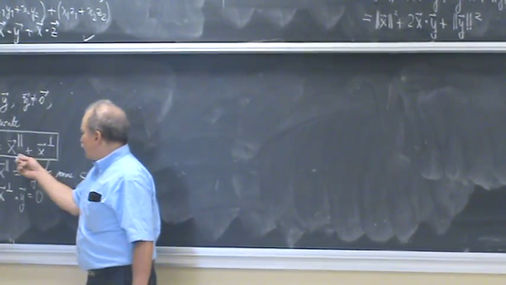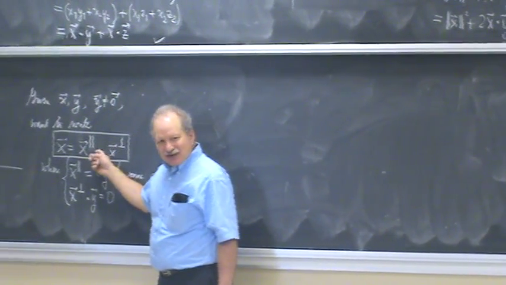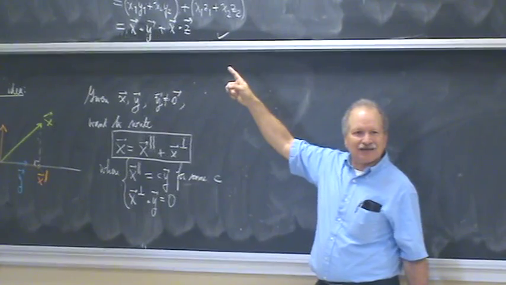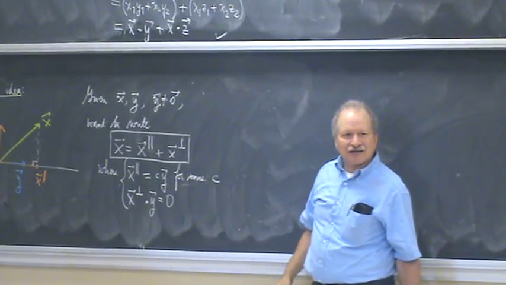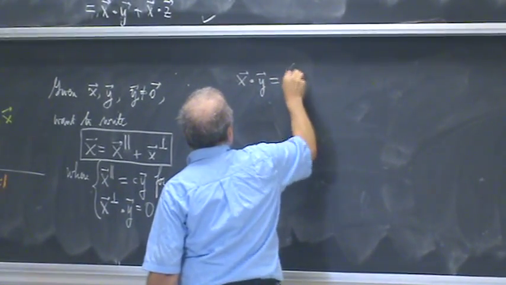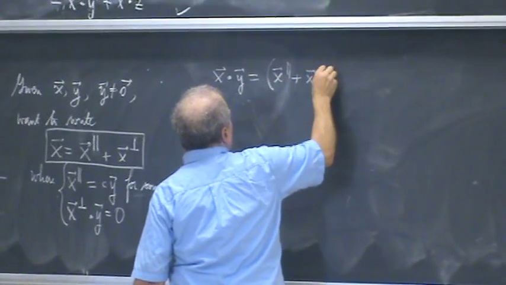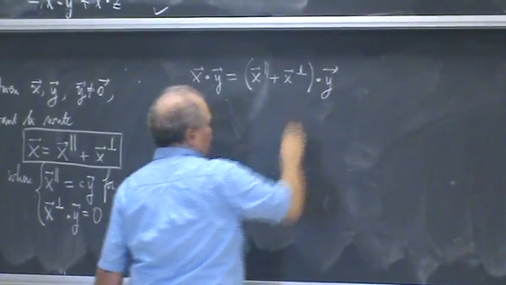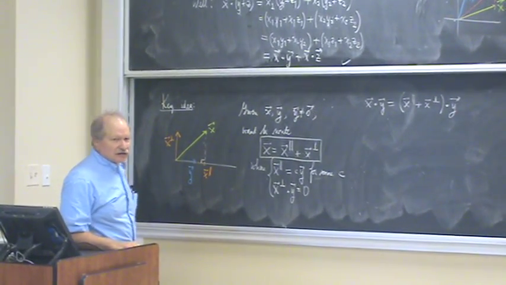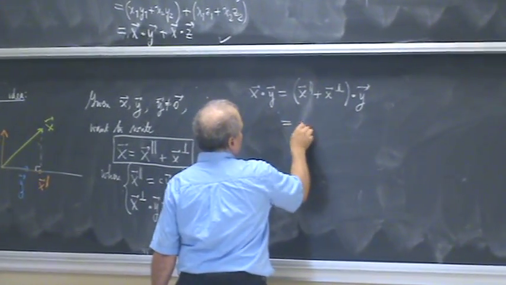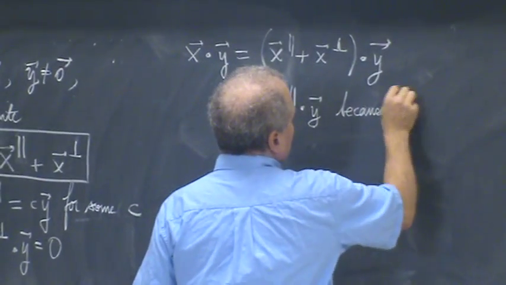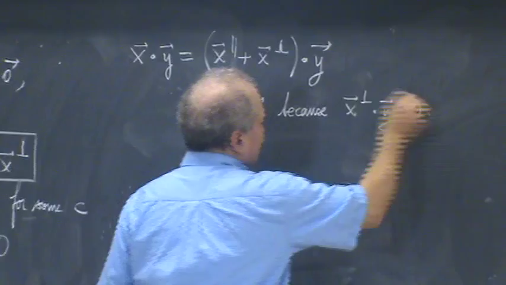I'm trying to use this equation and the properties. So you can have x dot y and then distribute the dots to each of the components. You're telling me to take my equation and dot it with y. Yeah. And you already know that the perpendicular part dot y is 0, so all you have to worry about is the parallel part. Okay?